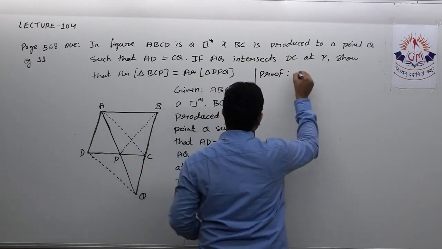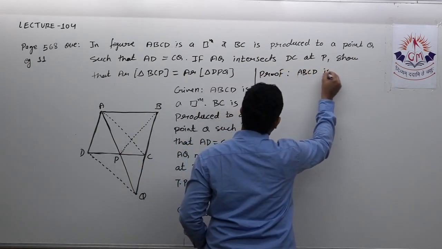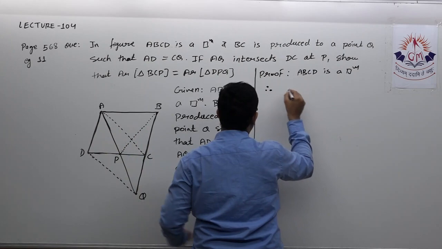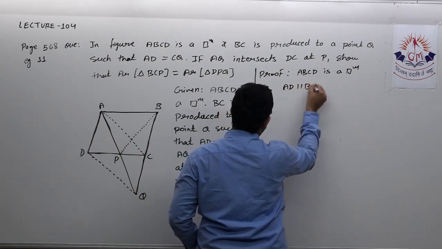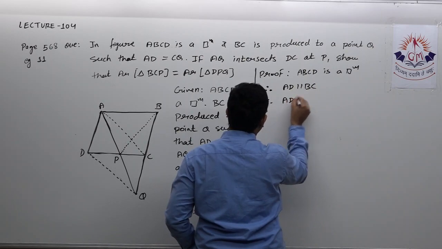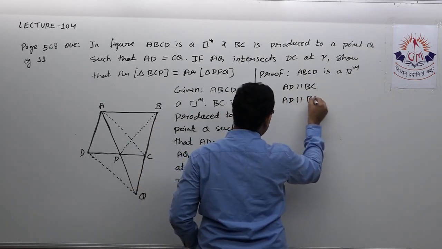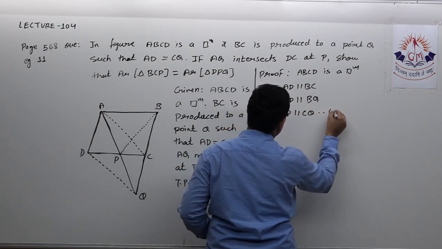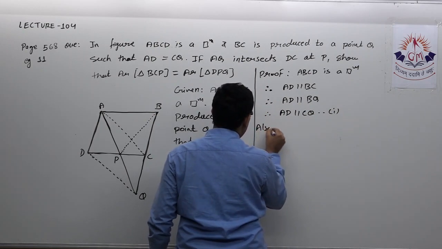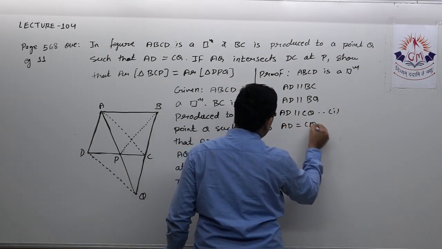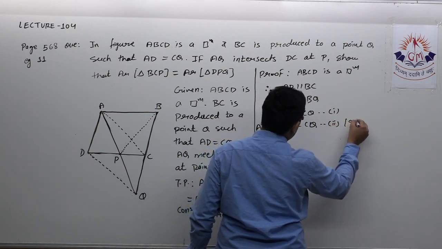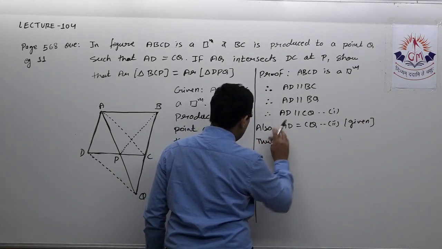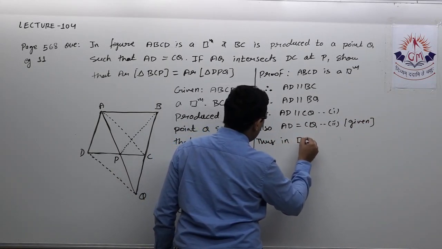ABCD is a parallelogram. Therefore AD is parallel to BC, therefore AD is parallel to BQ, and therefore AD is parallel to CQ. Let this be first. Also, AD is equal to CQ. This is second, and it is given.